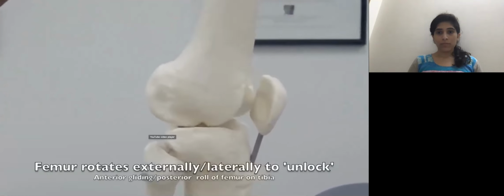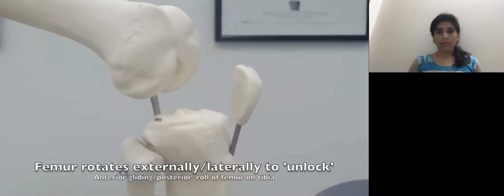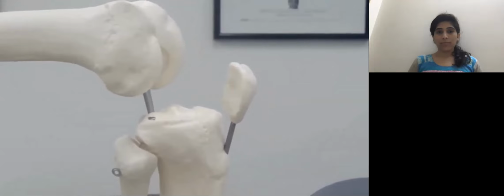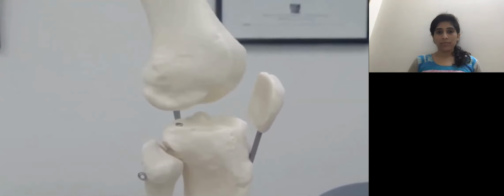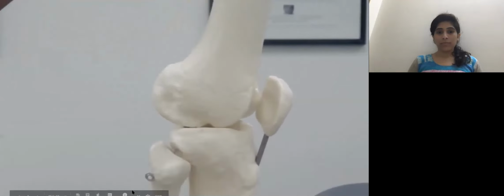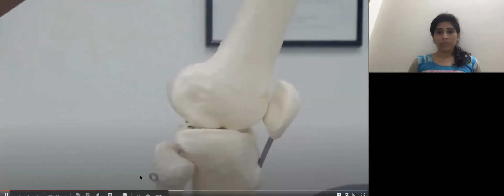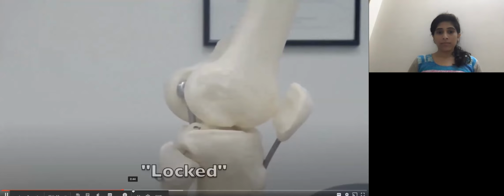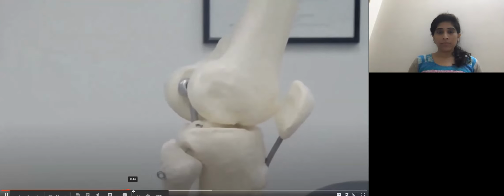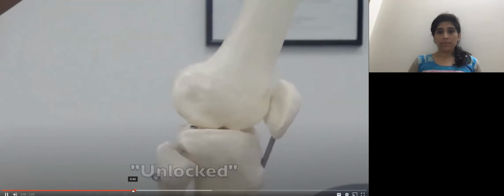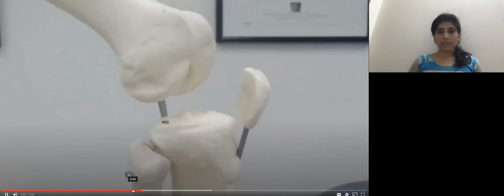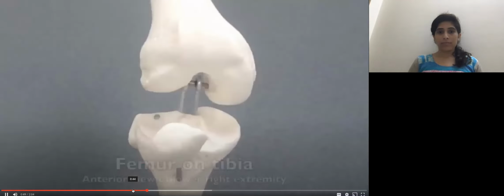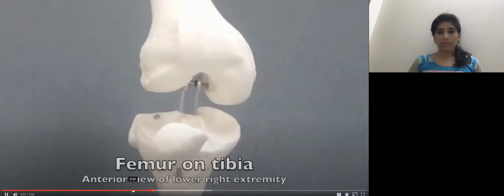Femur rotates externally, laterally to unlock. Locked. Unlocked. Femur on tibia, anterior view.